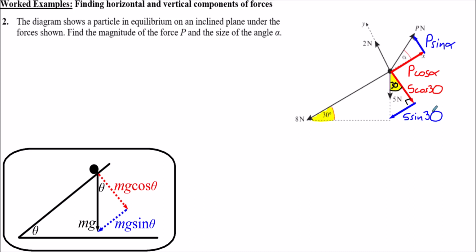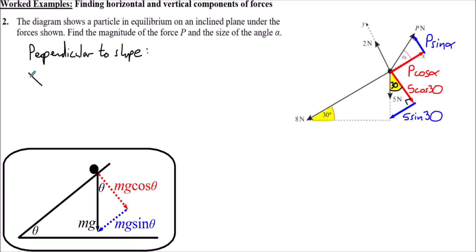So we can now resolve in whichever direction we choose. What I'm going to choose to do first of all is resolve perpendicular to the slope. So the total of the forces going perpendicular, sort of up, will be equal to the forces, or components of forces, going down.